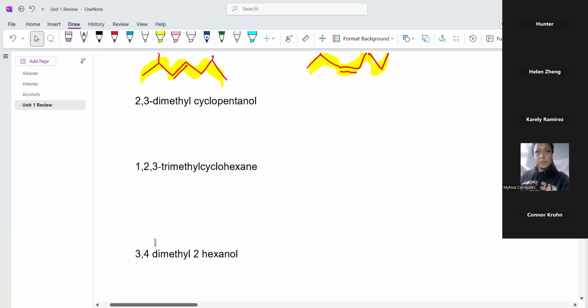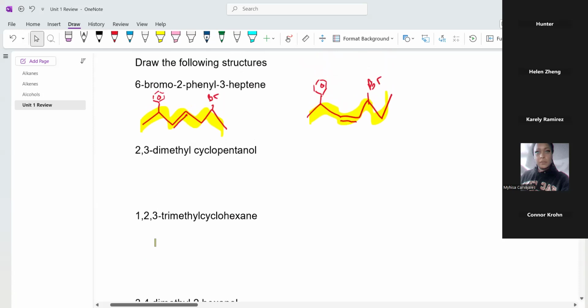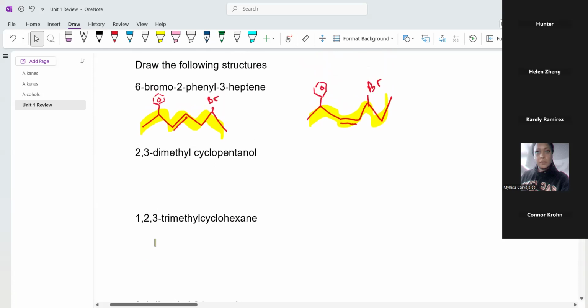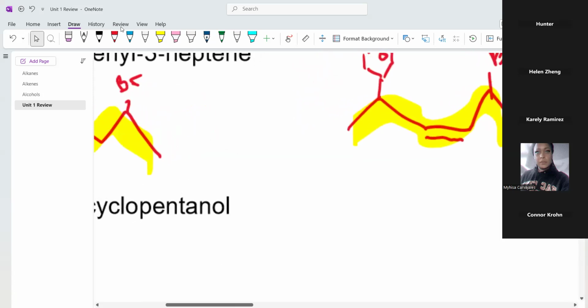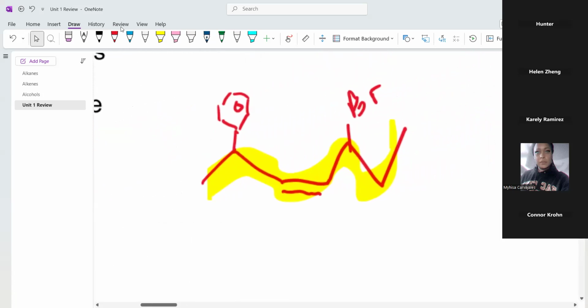Can you go over how you decided to make the cis one look like that? Like how it's flat right there where the double bond is? Right. You've got to have these two groups on the same side of the double bond.